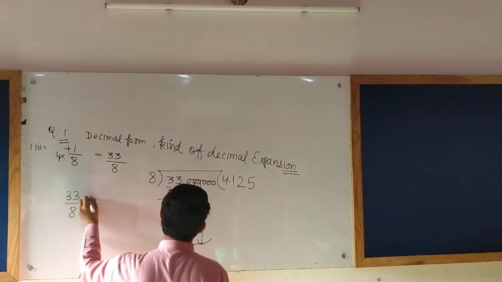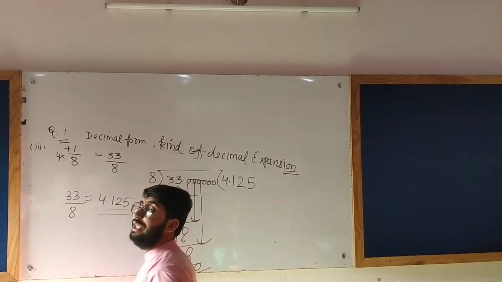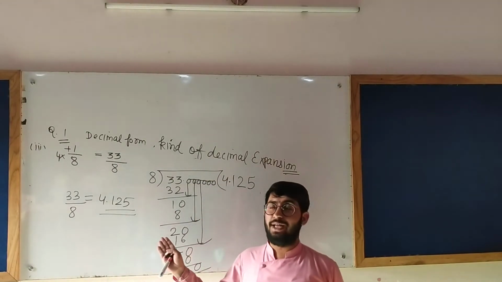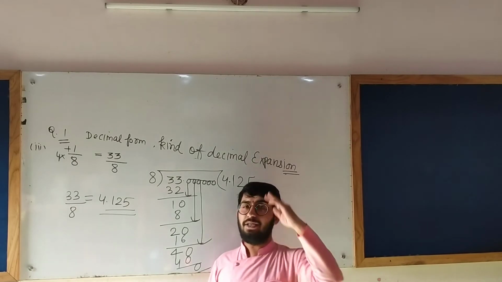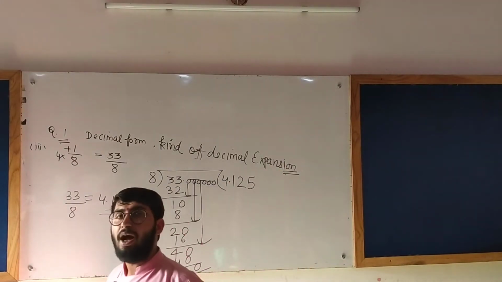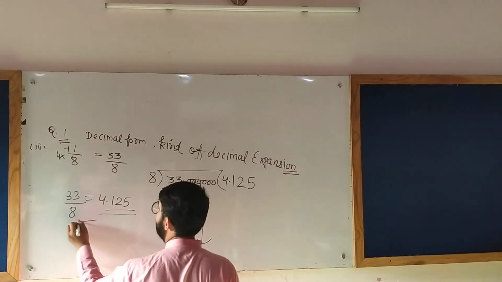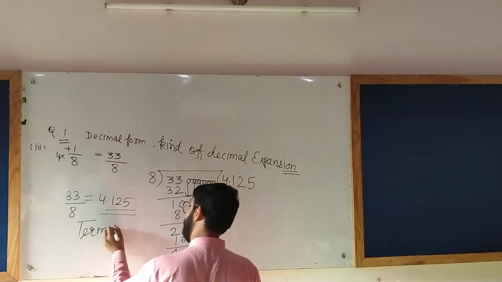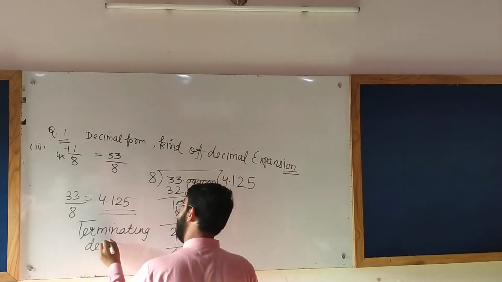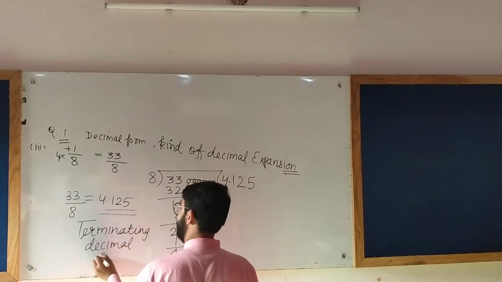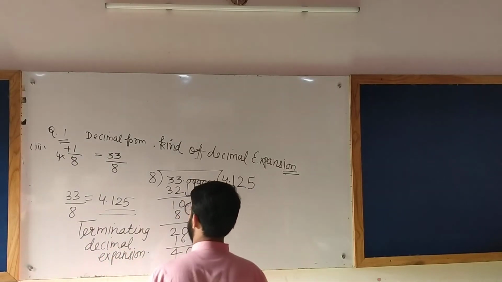33 by 8 equals what in decimal form? 4.125. Now you can easily tell what decimal expansion it has, as it has 1, 2, 3 digits after the decimal, that the number of digits are countable, are finite. So we can say it has a terminating decimal expansion.